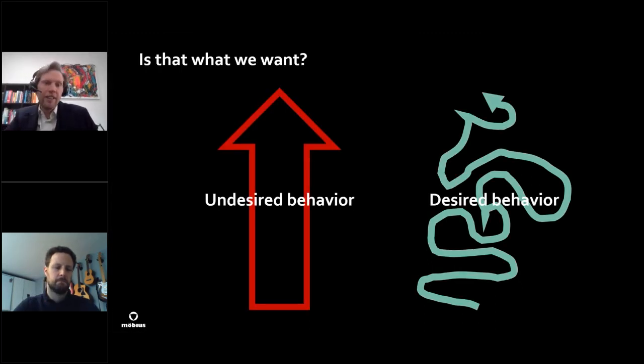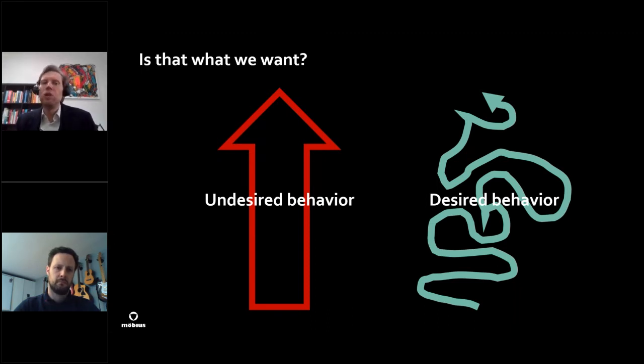If the easier way is the undesired way, and what we want them to do is more complicated than what we do not want them to do, then logically we will see undesired behavior arrive.